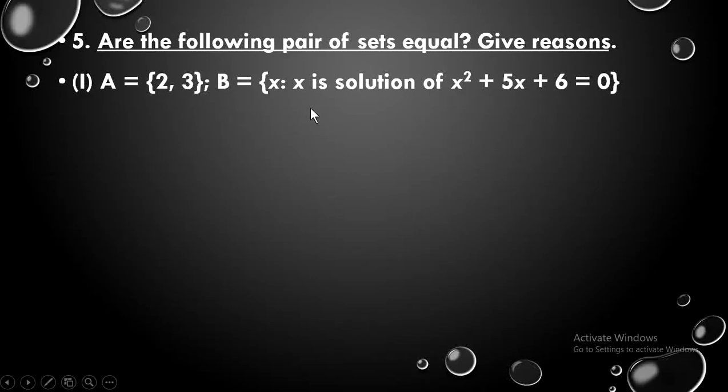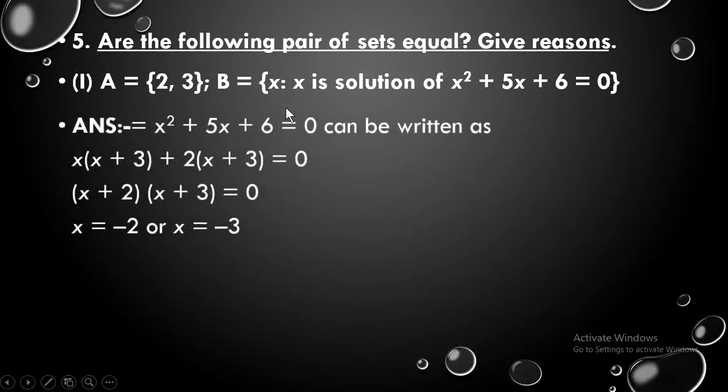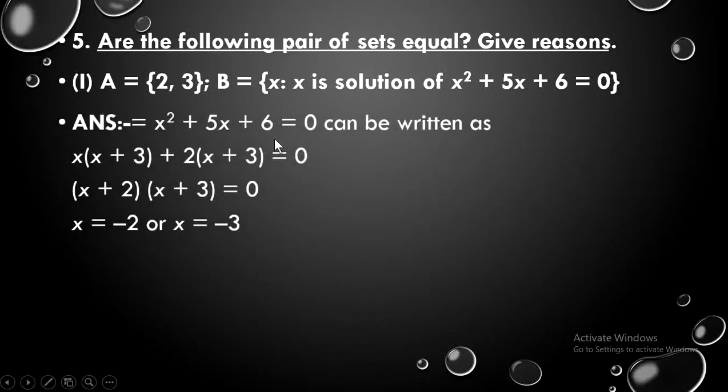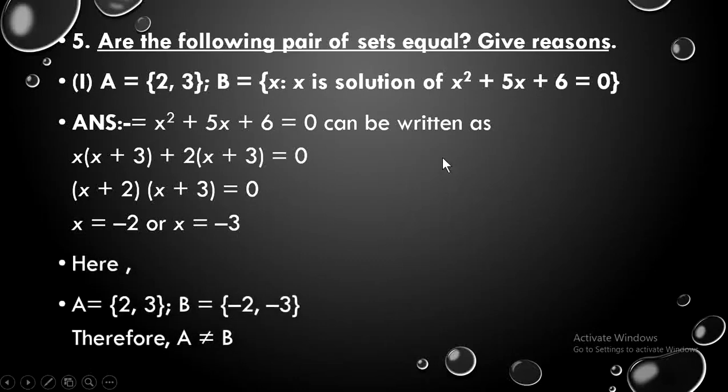So for that, the normal splitting the middle term method you can use, and when you do the splitting of the middle term you get the answer x equal to minus 2 and x equal to minus 3. So when you make a set, B will consist of x which is minus 2, minus 3, but A consists of plus 2 and plus 3. So again there is a difference in the signs, so A will not be equal to B.